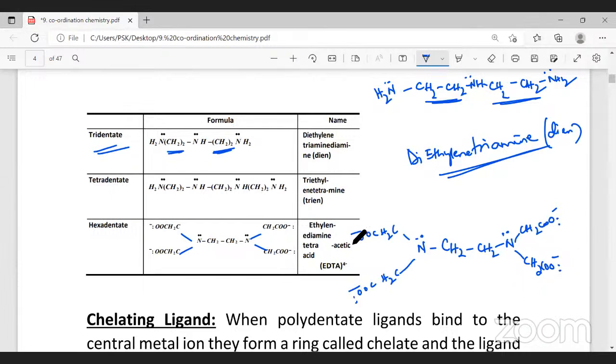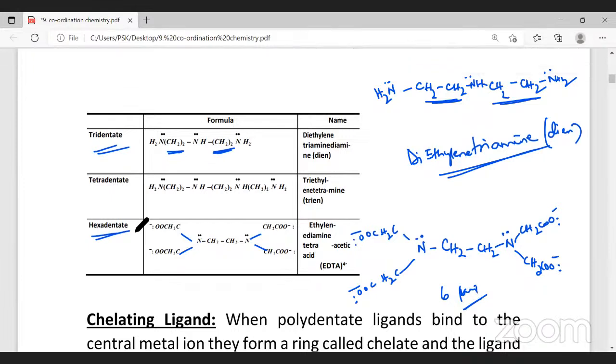Totally, this molecule donates 6 pairs of electrons: 1, 2, 3, 4, 5, and 6. It donates how many pairs of electrons? 6 pairs of electrons. Therefore, this is an example of a hexadentate ligand. What do you mean by hexadentate ligand? Ligands which donate 6 pairs of electrons are called hexadentate ligands. This is an important example. This is abbreviated as EDTA, 4 minus.